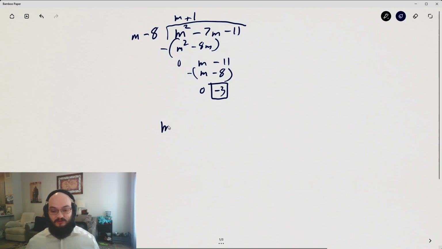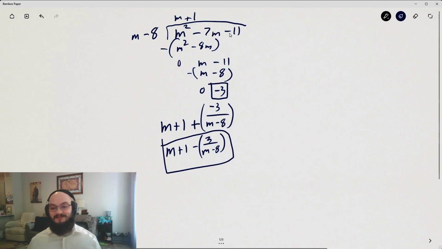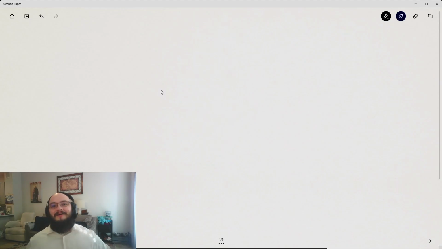So our final answer will be m plus 1 plus negative 3 over m minus 8, or you can write it as m plus 1 minus 3 over m minus 8. And that is our final solution for this polynomial long division with a remainder.